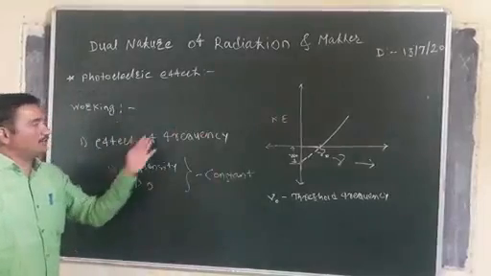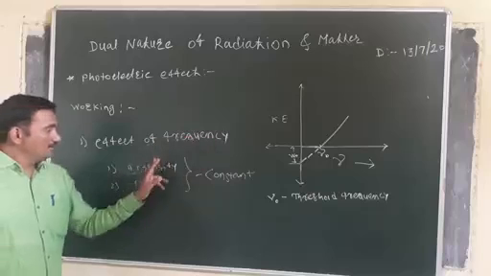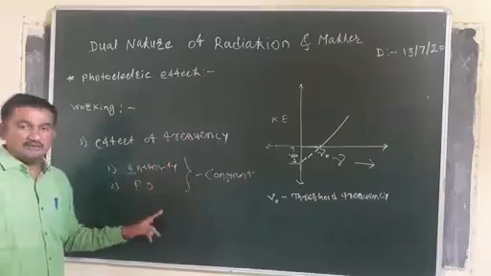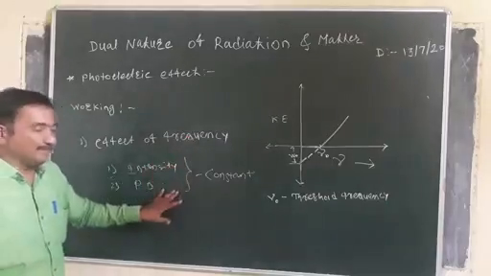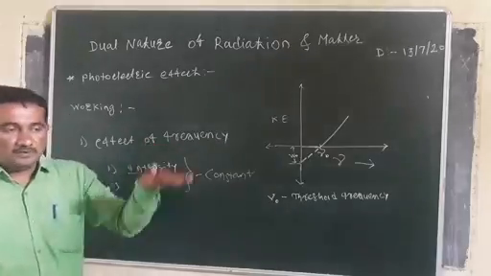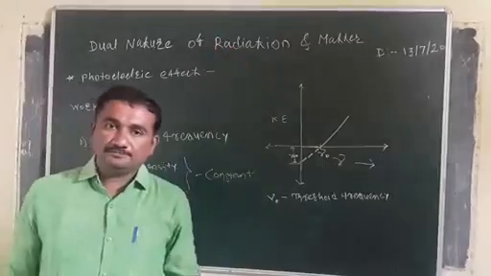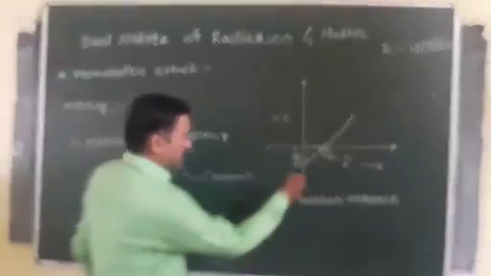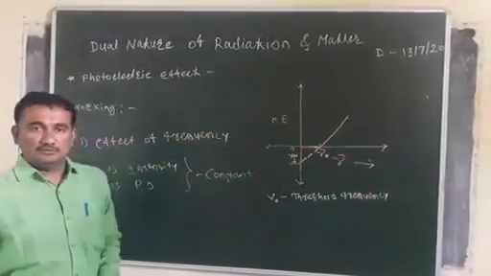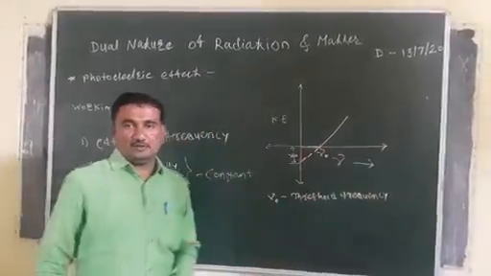So that is the effect of frequency. We are keeping both other things constant, intensity as well as the applied potential difference. As we increase frequency from lower value toward the higher value, at lower frequencies the photoelectric current is zero because there is no emission of electrons.